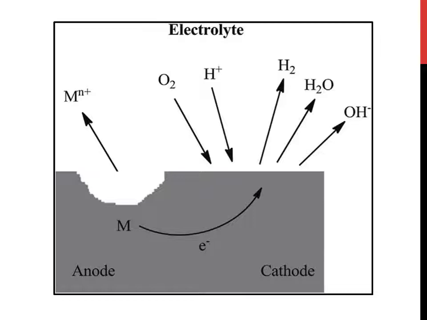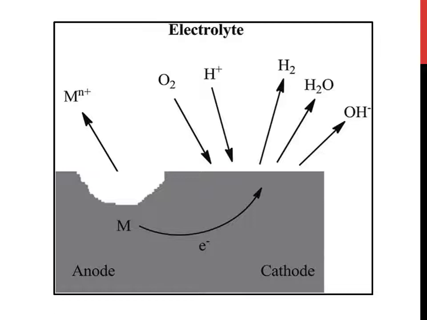What we can observe here is that under a conducting medium, in the presence of environmental conditions, maybe the presence of electrolyte or moisture, there will be generation of anodic area and cathodic area on the metal surface. Hence there will be formation of a tiny galvanic cell on the metal surface.